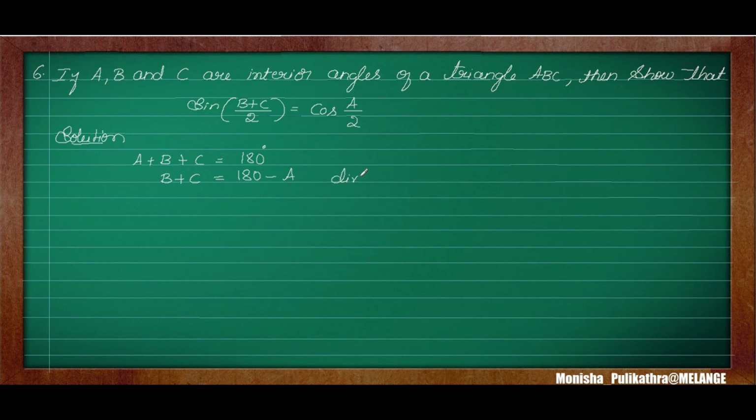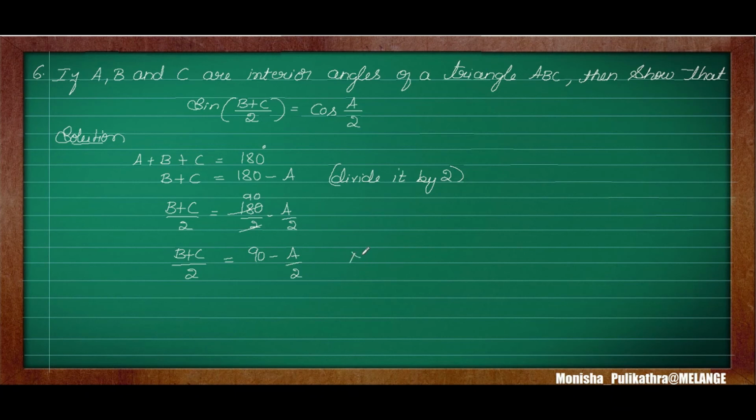So next divide it by 2. So I will be dividing the equation by 2. So it will become (B plus C) divided by 2 is equal to 180 divided by 2 minus A divided by 2. So here 90, two ones are two, two nines are 90. So the remaining is (B plus C) divided by 2 is equal to 90 minus A by 2.